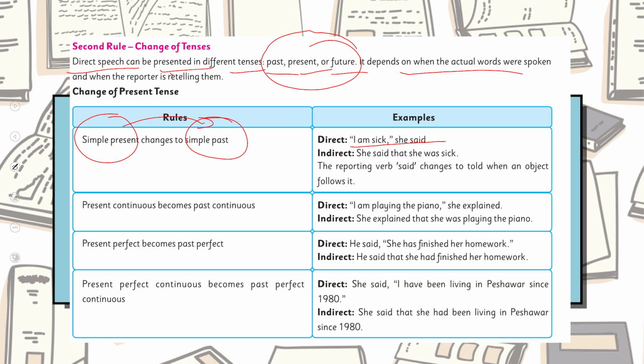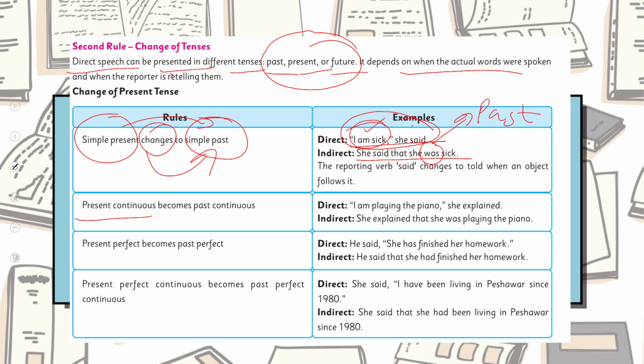She said that she was sick. I am sick is the present form, and when you are using indirect speech, you will change it into simple past, like she said that she was sick. This tells us that it is in the past form.